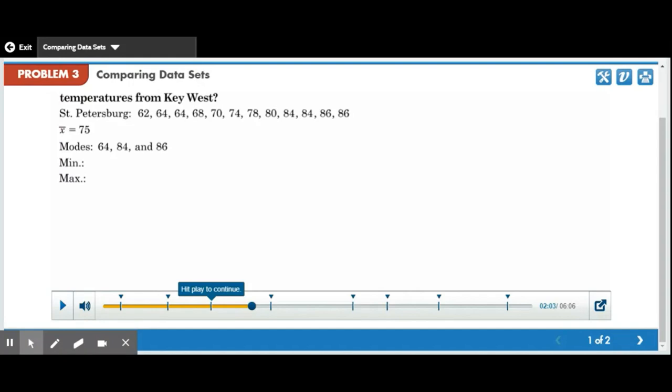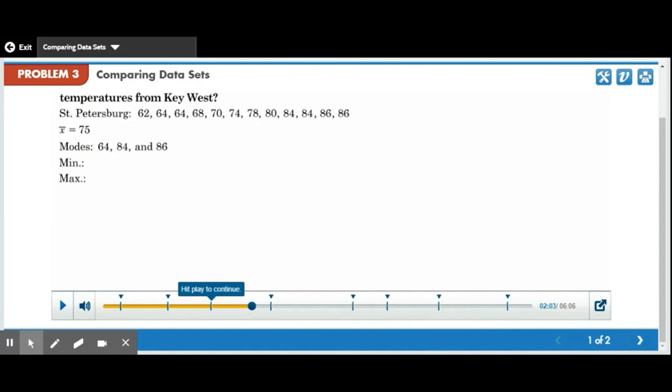And it just gives us a better idea of what are the most frequent temperatures in this particular data set. When we discussed mean, median, and mode before the break, we had a few data sets that had no mode and a few data sets that had just one single mode or were bimodal.